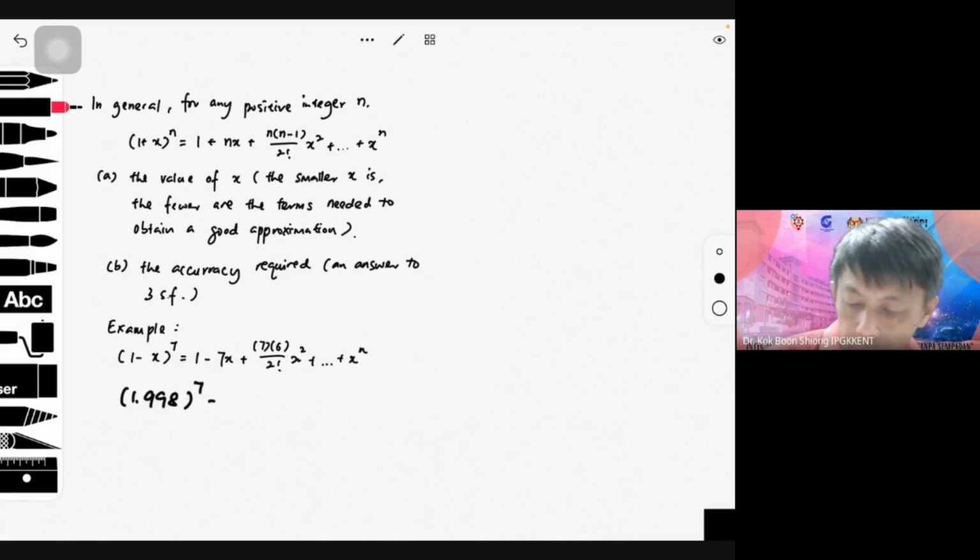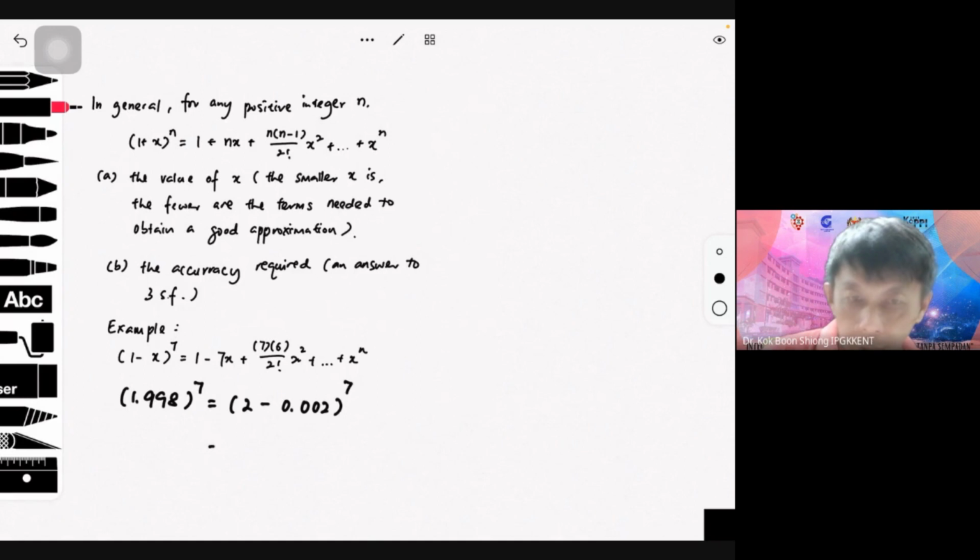Now because 0.998 is too big, we have to substitute by using (2 minus 0.002) to the power of 7.